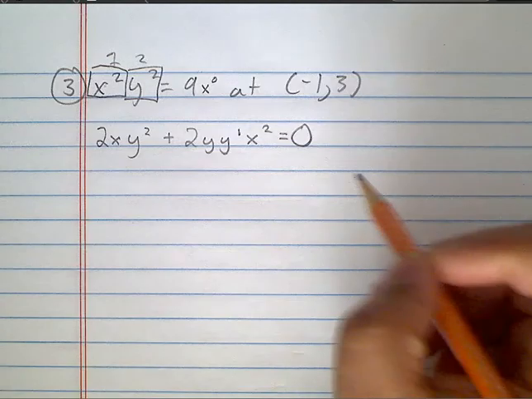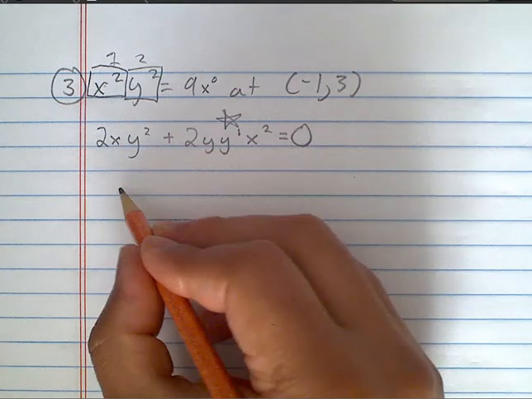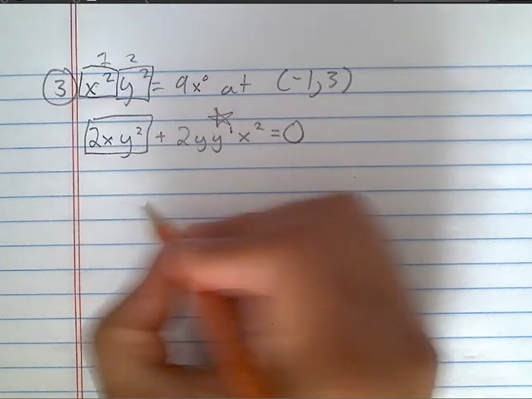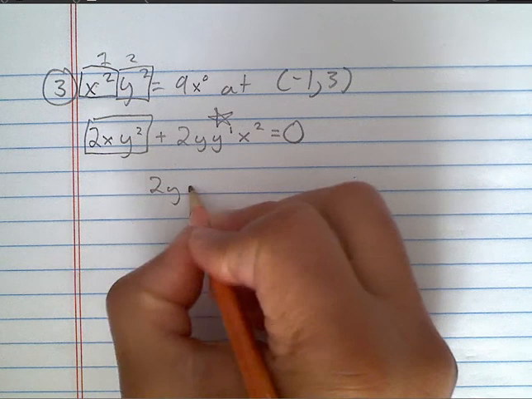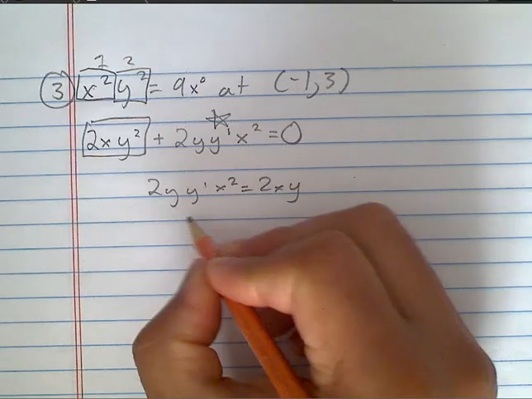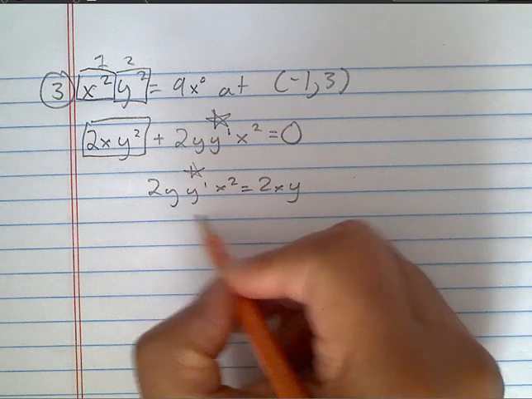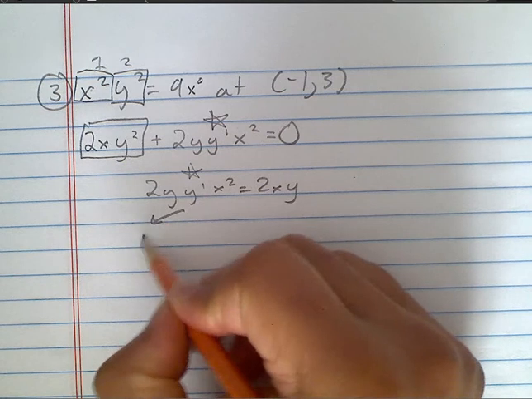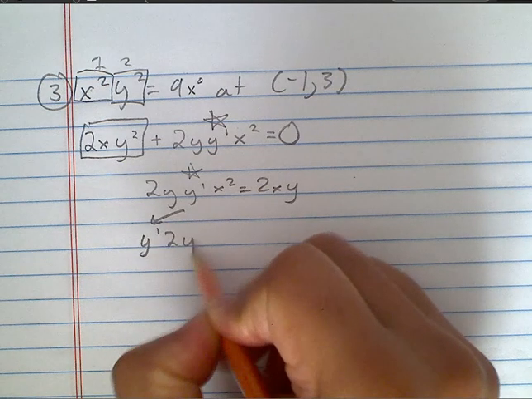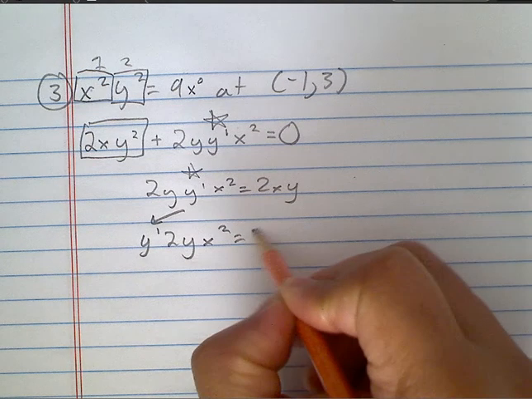Alright, so this is what I'm looking for, eye on the prize. I'm going to minus this over, so I end up with 2y prime x squared equals 2xy, and then there's my y prime. It's a little funky looking. I could just, right there, commutative property, yeah? 3 times 2 is the same as 2 times 3. That's what I just did.